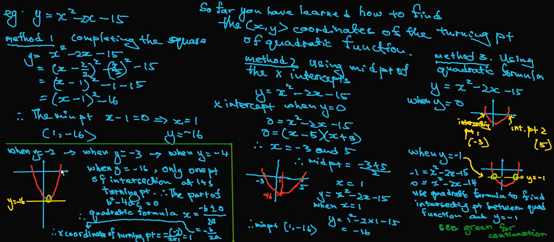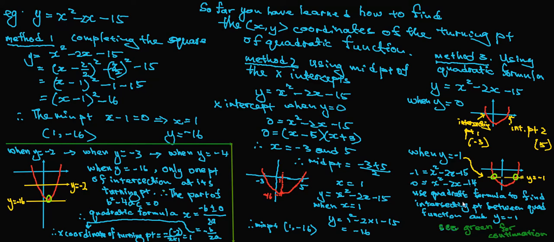Okay, for example, let's see, there's another line here. So using the quadratic, when you put y equal to minus 2, you bring it over here, you have a quadratic equation.